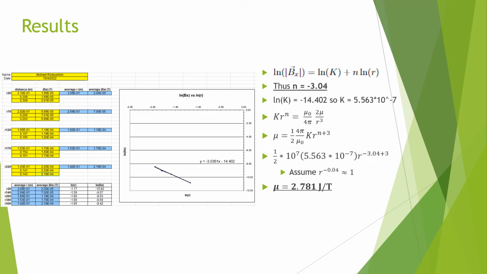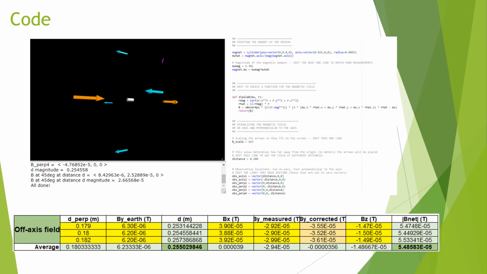Similarly, we were able to find the value of k, and plugging it in with our equations and setting them equal to each other, we determined that the magnetic dipole moment of the bar magnet was 2.781 joules per Tesla.